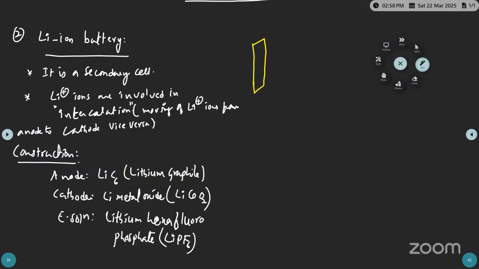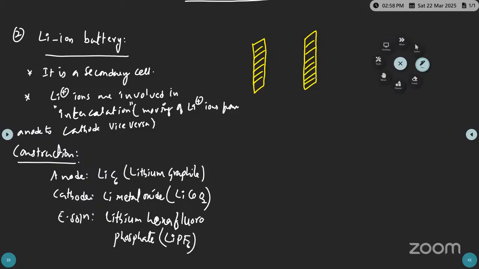Similarly, the cathode is also taken as a thin plate, made of lithium cobalt oxide.